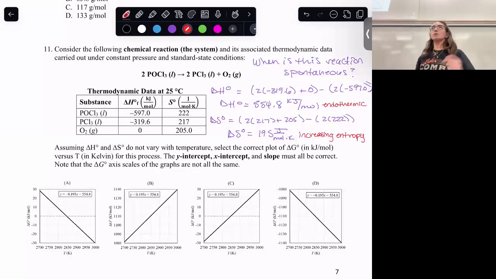Okay. So now that we know what delta H and delta S are, we can look at our graphs at the bottom. For graph B here, they're showing that delta G is always positive. In what conditions would delta G always be positive for delta H and delta S?